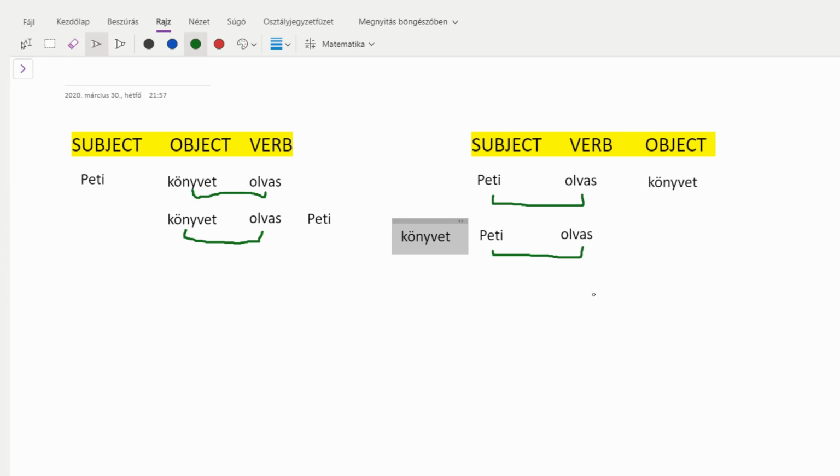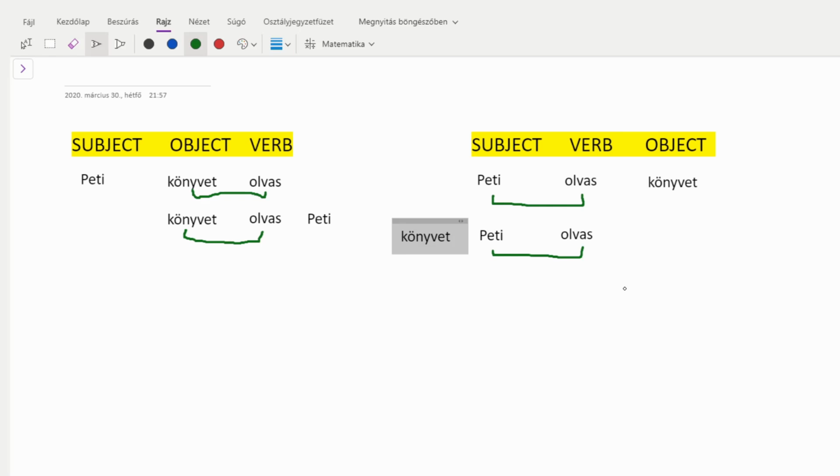It is Peti who is reading a book. If you say könyvet Peti olvas, you would understand that könyvet is in the initial position because some other people are reading some different things. So, könyvet Peti olvas, újságot Józsi olvas. In this case, Peti olvas könyvet, that's fine. Peti olvas könyvet, és nem Józsi. In the second case, you would say könyvet Peti olvas, újságot Józsi olvas.